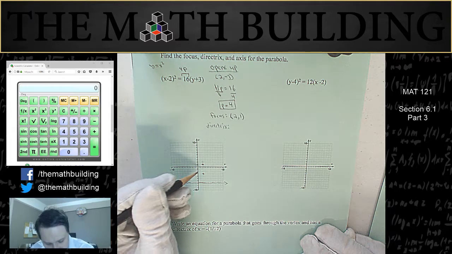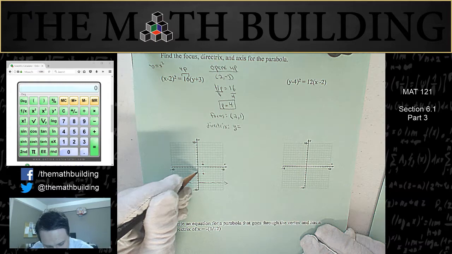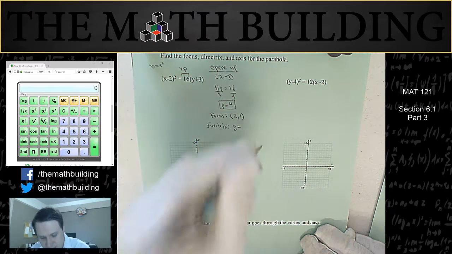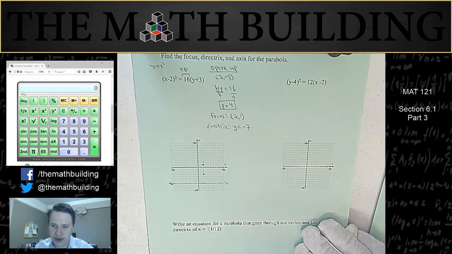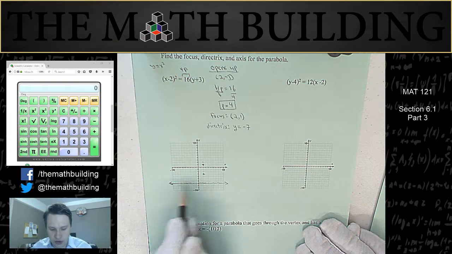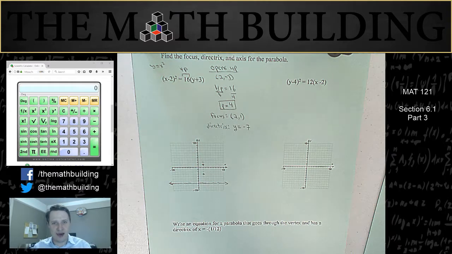It's horizontal, so the directrix is going to be y equals, and we're 1, 2, 3, 4, 5, 6, 7 spaces down. So the directrix is the equation y equals negative 7, which is the equation of this line right here. Notice that if our parabola is opening up and down, our directrix is going to be horizontal, which is y equals. If the parabola is opening left or right, the directrix is going to be vertical, which is x equals.